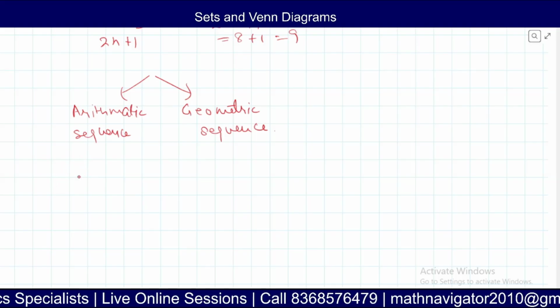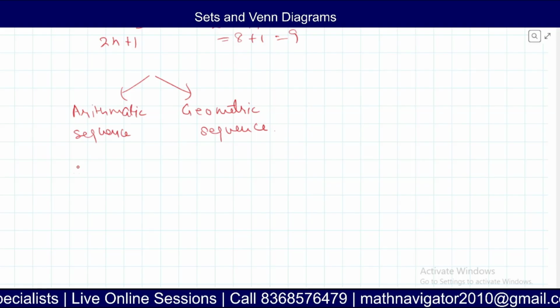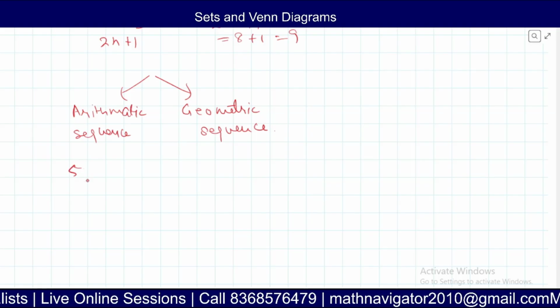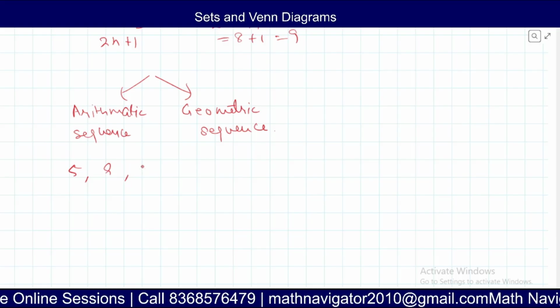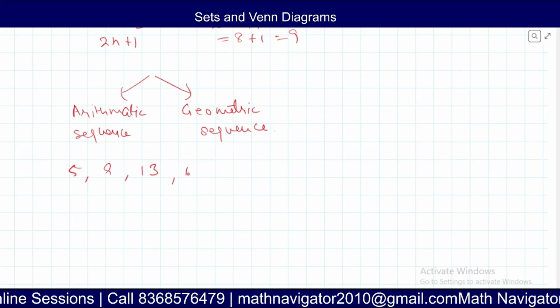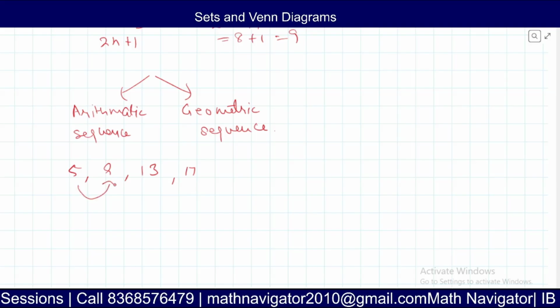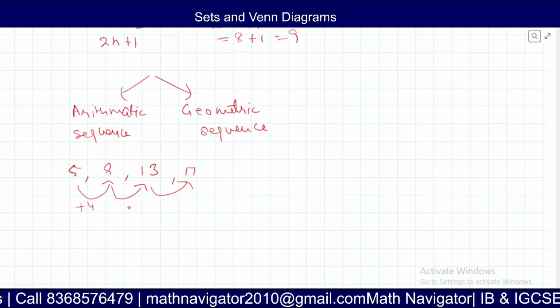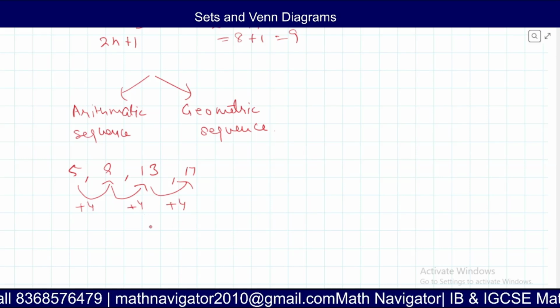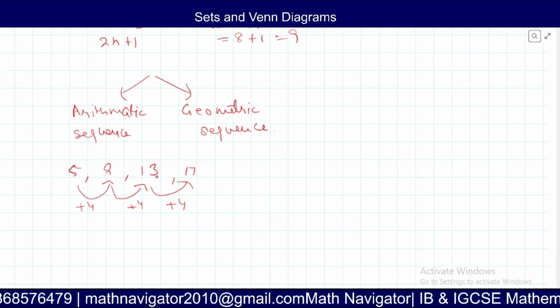Arithmetic sequence is, let's say, 5, 9, 13, 17. That means you add some fixed number and you will get the next term. So in this case, I'm adding 4. Right, this kind of sequence is called an arithmetic sequence.